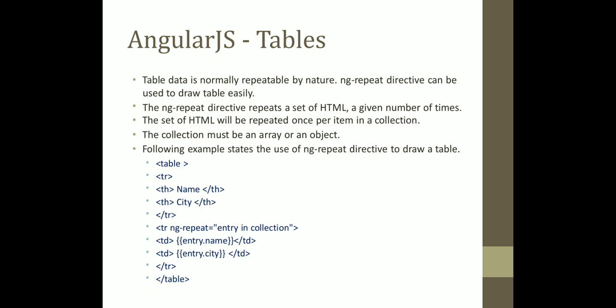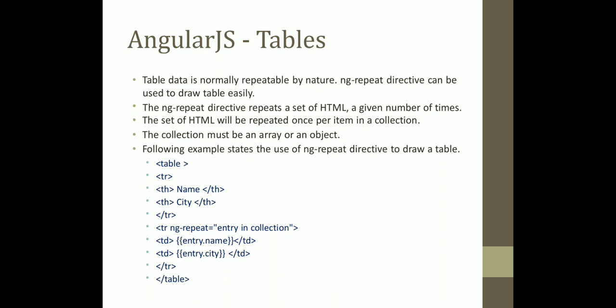So how it will be used repeatedly, that is the main point. Which directive do we have to use here? That is ng-repeat, so that it can use that particular data which you are entering many times.